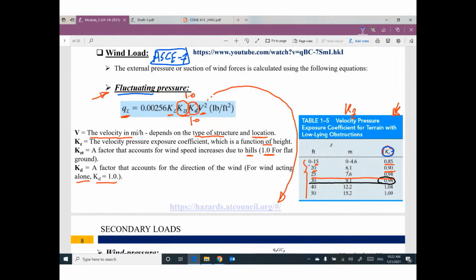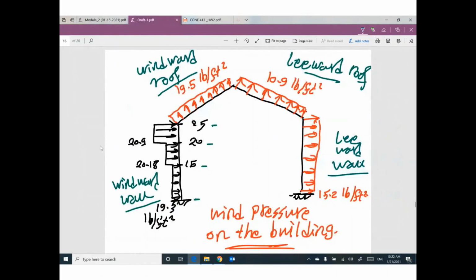The first one from 0 to 15, then 20, then 25, and so on. If your building height is greater than 30, we will do it also at 30 and 40 and so on. So the only variable values are for the windward, where we have different values at different elevations, but any other side has constant values.